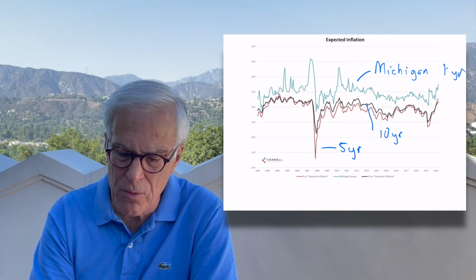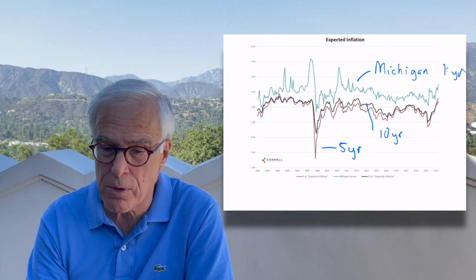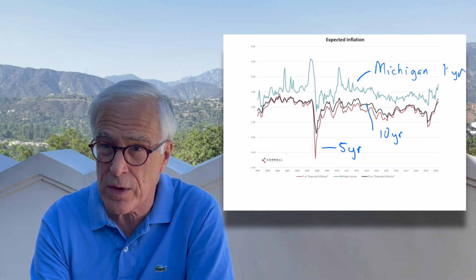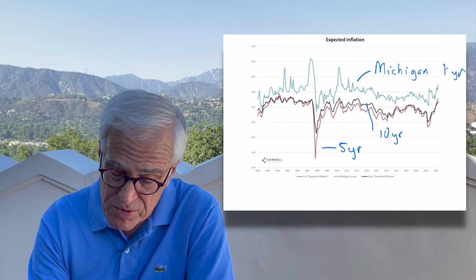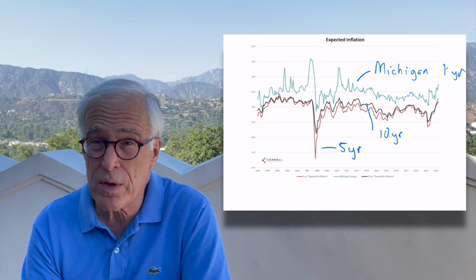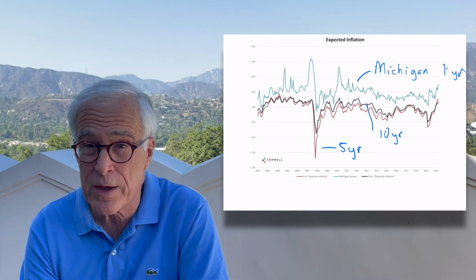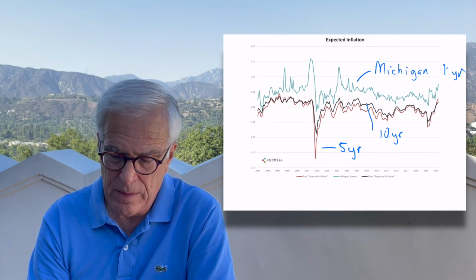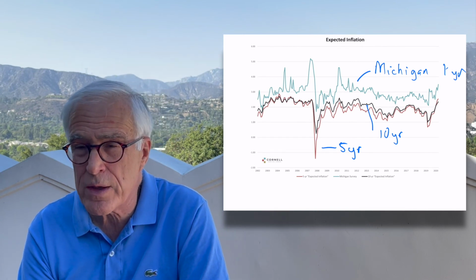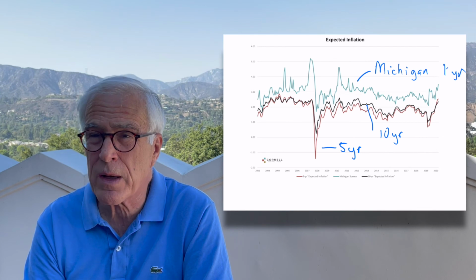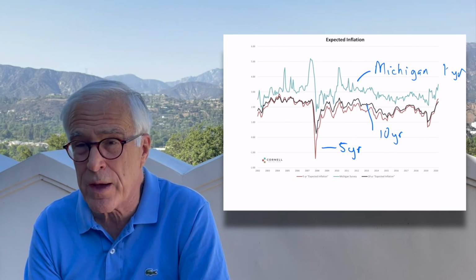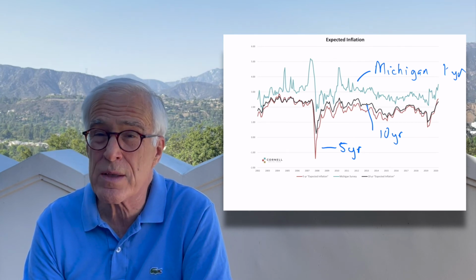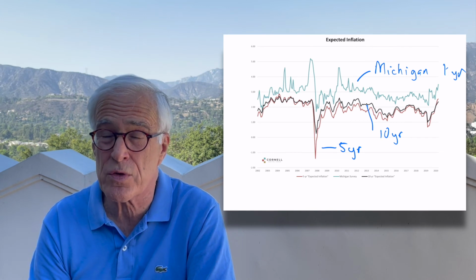So you can see they all move together, but by no means perfectly. The two financial measures are very tightly related, but the survey less so. So when you hear people say expected inflation, the first thing you should ask them is, whose expectations? But the expected rate of inflation is particularly important because research by financial economists has shown it's the primary determinant of interest rates.